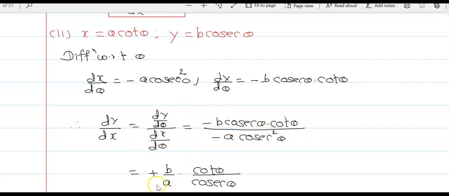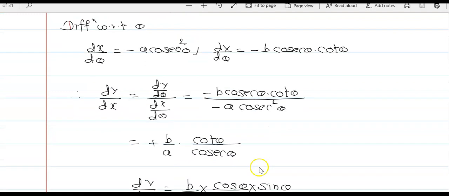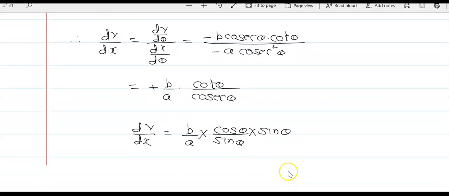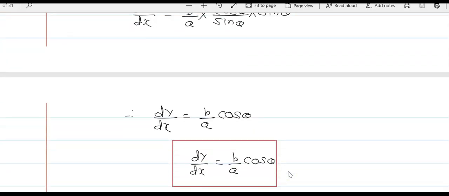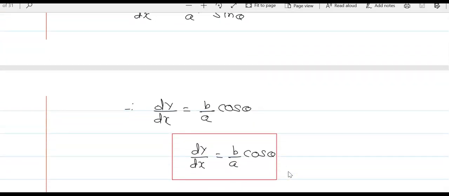Minus minus becomes plus, b upon a, cot theta upon cosec theta. b upon a cot means cos upon sin, and cosec means 1 upon sin theta. Therefore, you will get the answer: dy/dx is equal to b upon a cos theta.